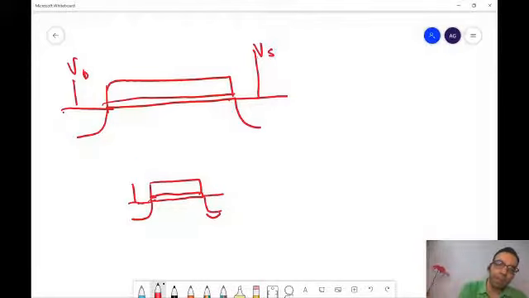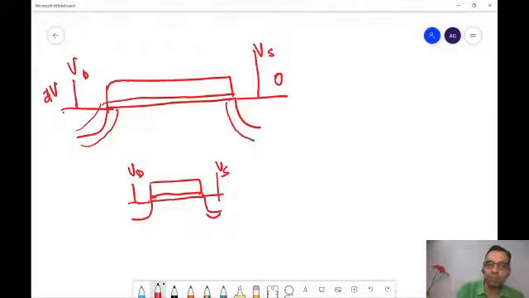Now, in a long channel device, let us say VD is 1 or 2 volts and VS is 0. So what happens? There is this barrier between drain and source. There is a depletion width over here, a depletion width over here, and in between, there is a barrier. If I try to draw that barrier, it would look like this.